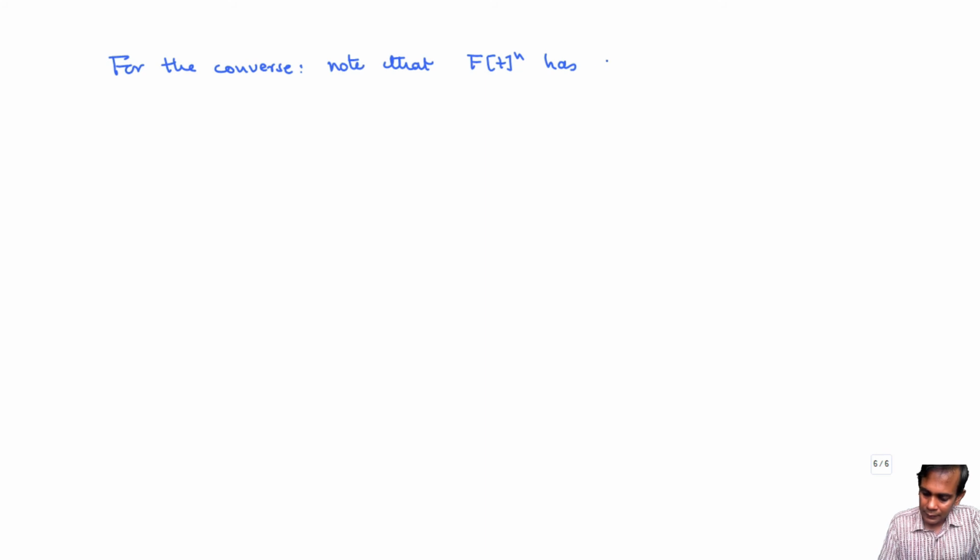Note that F[t]^n has an F basis as an F vector space. F[t] itself is an infinite dimensional vector space over F, and F[t]^n is therefore also an infinite dimensional vector space, but it has basis t^k times e_i tilde, where k runs over all non-negative integers and i goes from 1 to n.